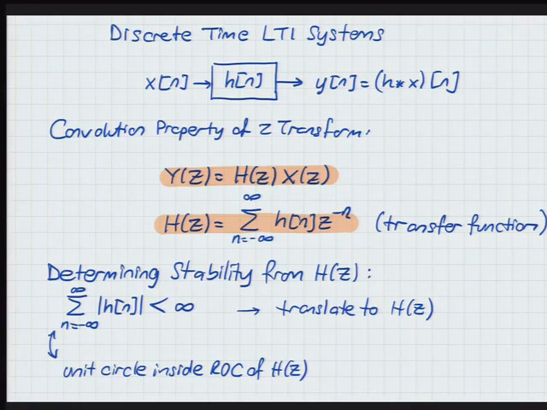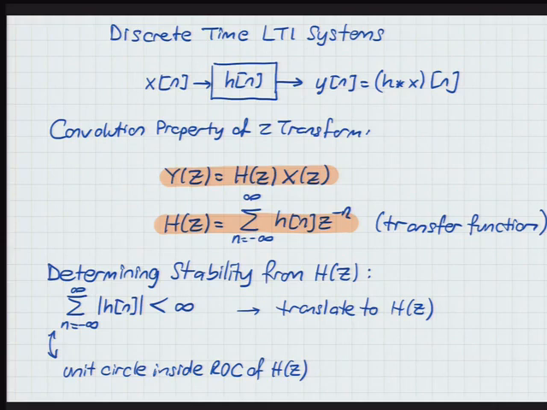Because when you are on the unit circle, z to the n looks like e to the j omega n, whose magnitude is 1, right? So the convergence condition for the Z transform boils down to this absolute summability condition. It was a very similar result for Laplace transforms. We want the ROC to contain the imaginary axis, right, for stability, for absolute integrability. So that's the key condition. So we want the unit circle to be inside the ROC.